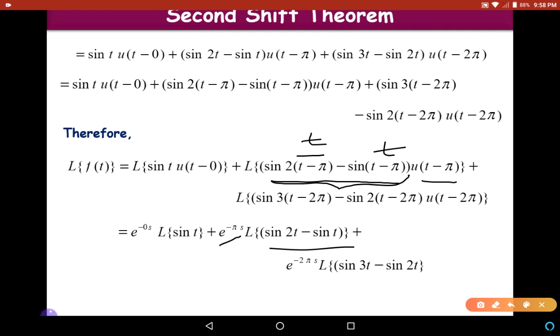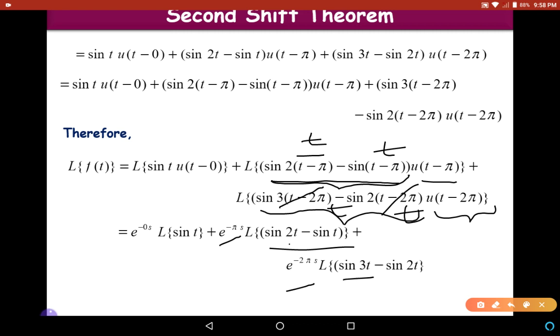Similarly, in the third term, we have L of f of t minus 2 pi into u of t minus 2 pi. That is equal to e power minus 2 pi s into L of f of t, means just writing t minus 2 pi as t. That is sin 3t minus sin 2t. And we know the Laplace transform of all these functions. L of sin t is 1 by s square plus 1. L of sin 2t is 2 by s square plus 4.